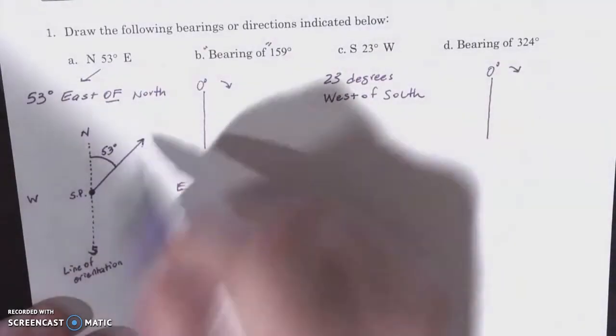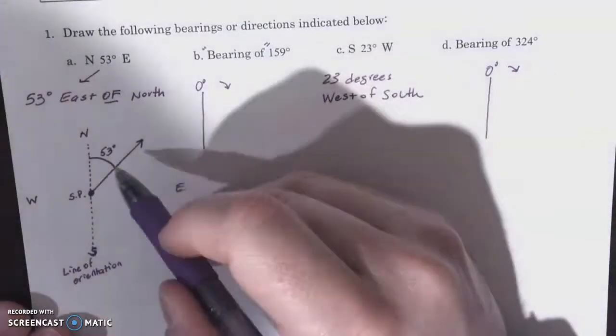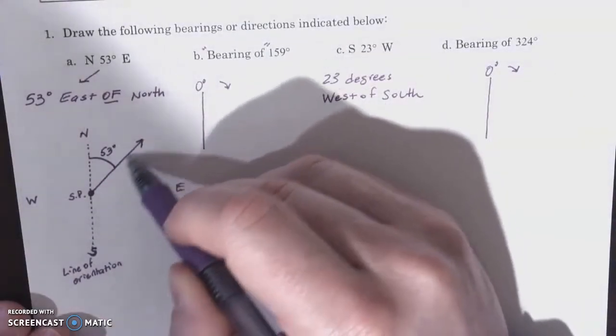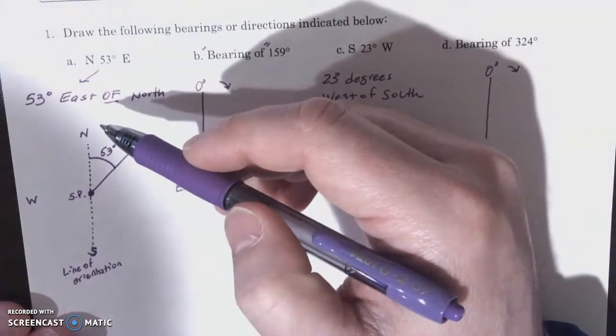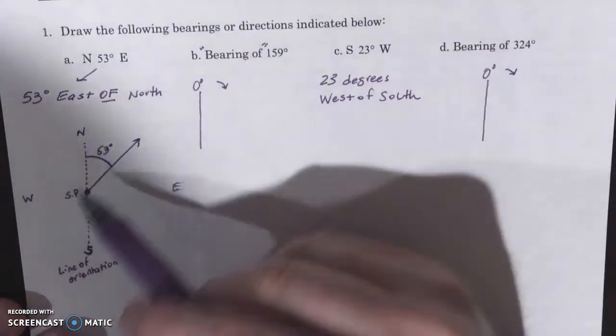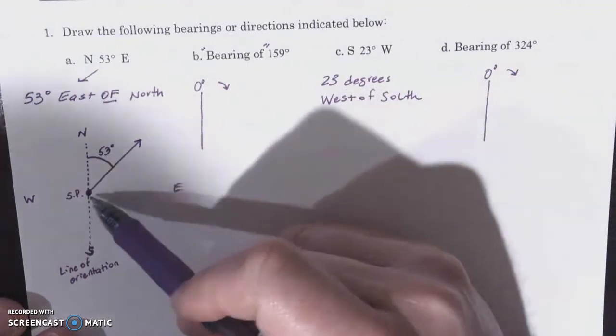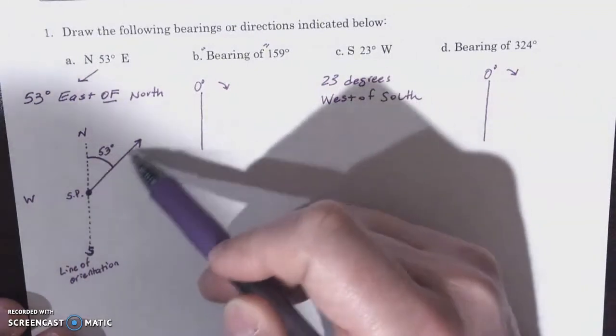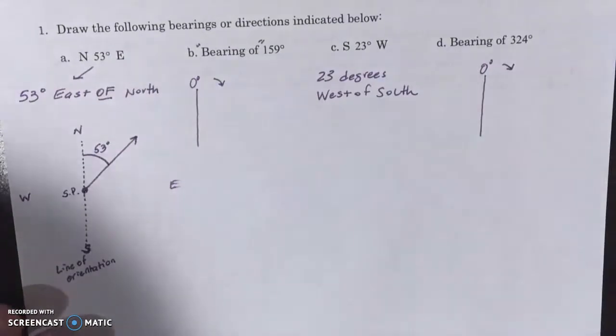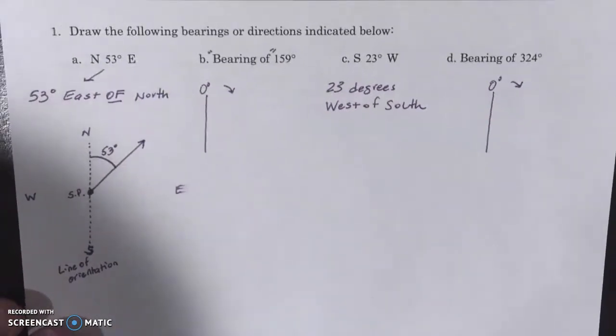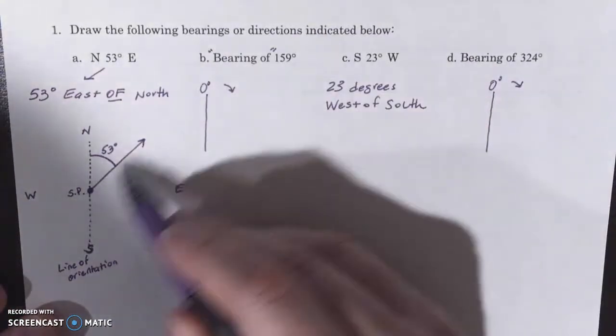This direction is 53 degrees east of north. How long should we be drawing this line? We're not at that part of these problems yet. Once we get into word problems, this path might have a length, like we traveled at this bearing on this path for 700 feet, let's say. But here we're just practicing understanding the directions.